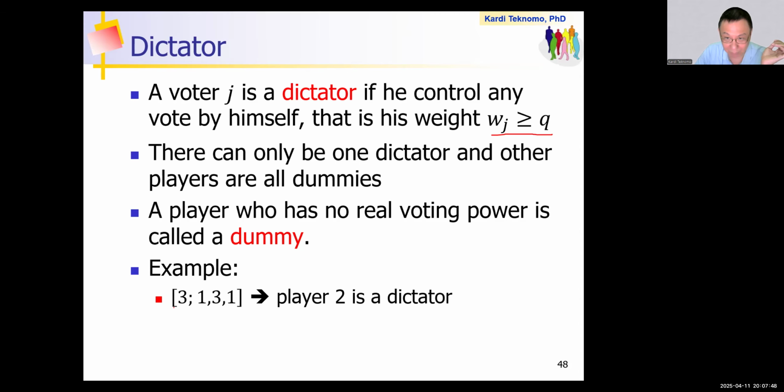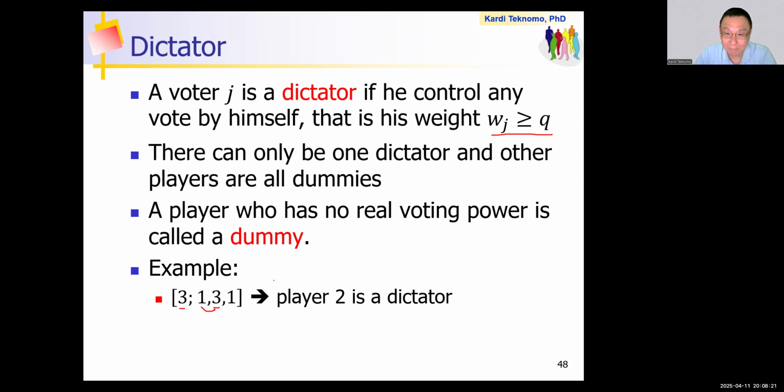Can you see this example? The quota is 3 and this weight is exactly 3, right? So that means player 2 is a dictator. Why? Because whatever player 1 and player 3 vote cannot make a decision. They can make a coalition, yes, but player 2 alone can make the decision already.